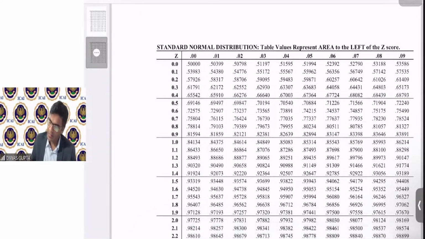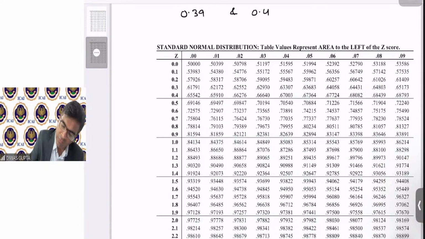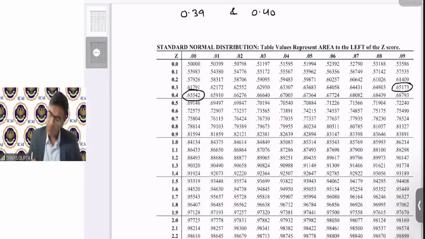Just to highlight it again. So we have to calculate 0.39 and 0.40. Correct? This is what we have to calculate, students. So 0.39 is actually this value and 0.40 is actually this value.